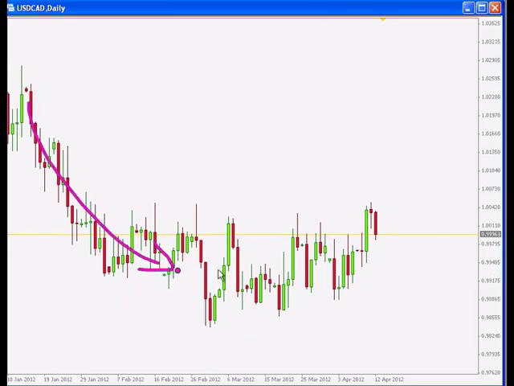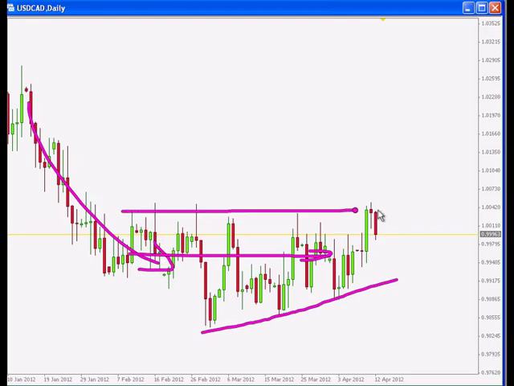Former down move, now congestion sideways. Now we don't have a double bottom here. What we have is in fact a leaning trend line to the upside, and apparently price topping out at this specific level.